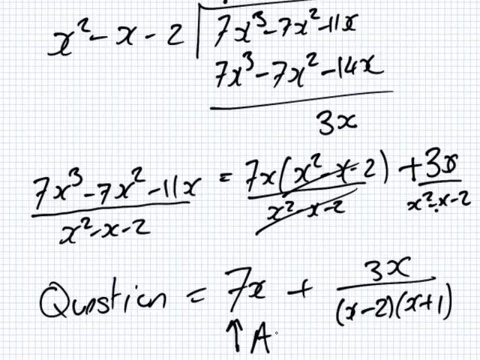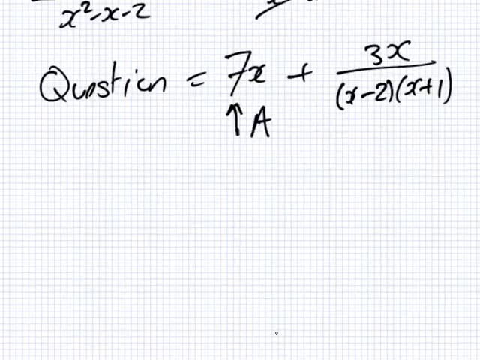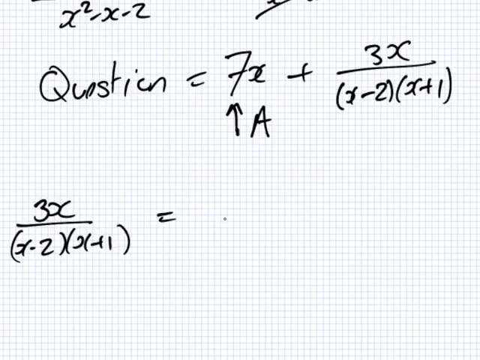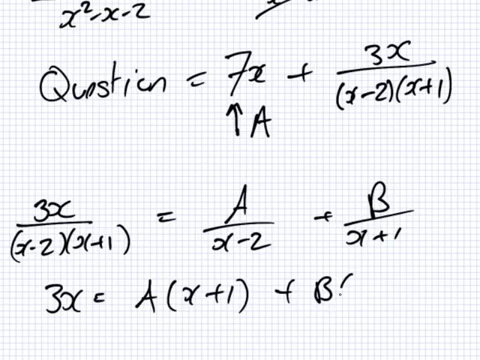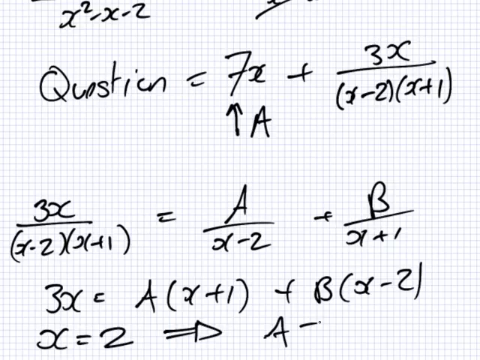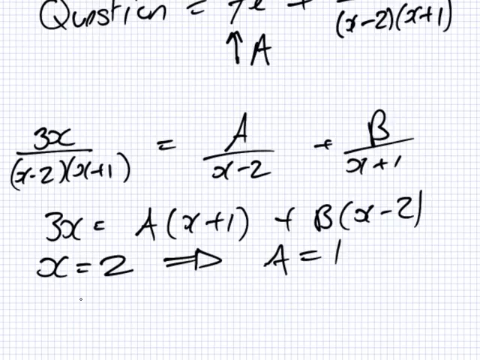Okay, can I scroll down? So we have 3x over x minus 2, x plus 1 equals a over x minus 2 plus b over x plus 1. That's all fine. 3x equals a times x plus 1 plus b times x minus 2. So I'll start off with x equals 2, and that means a equals 1.